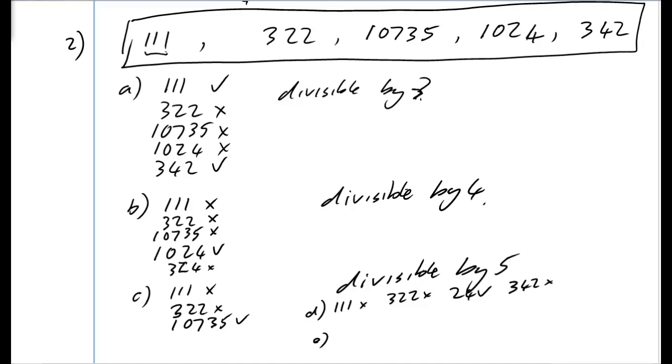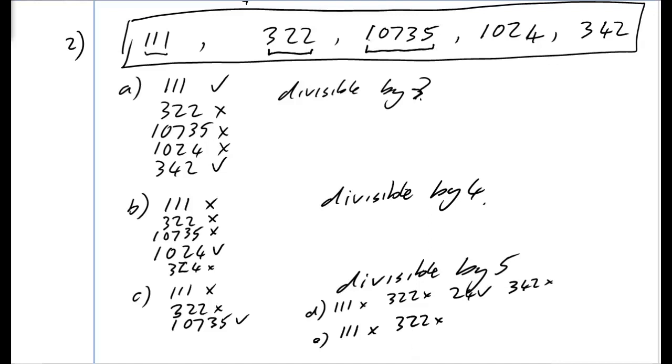Is 3 divisible by 9? No. So 111 is not divisible by 9. Let's look at this one. Let's add up those numbers. 3 plus 2 is 5. Plus 2 is 7. Is 7 divisible by 9? No, it's not. So 322 is not divisible by 9.